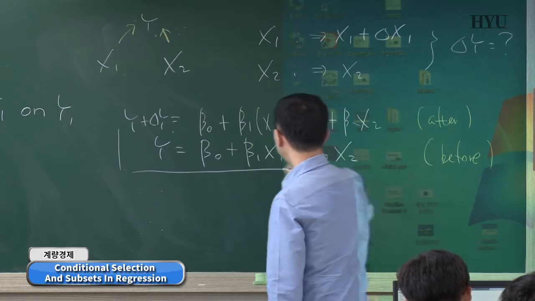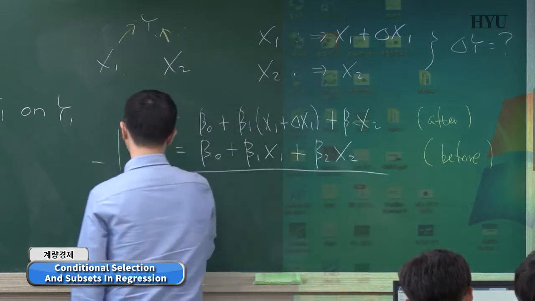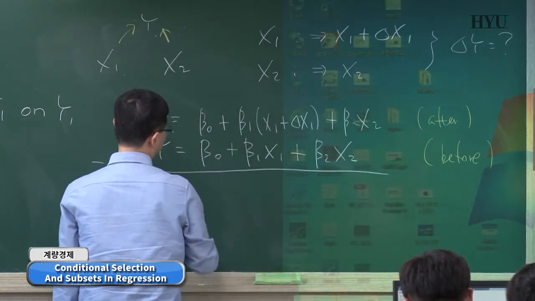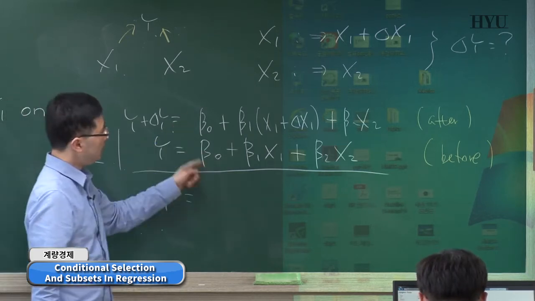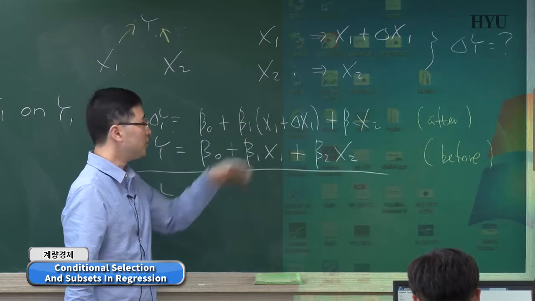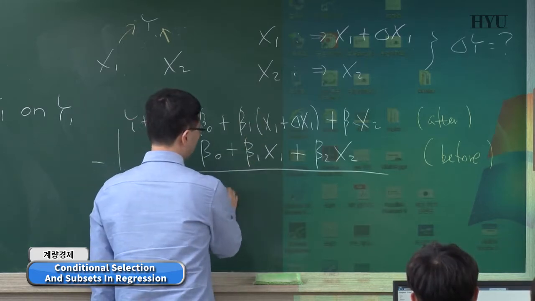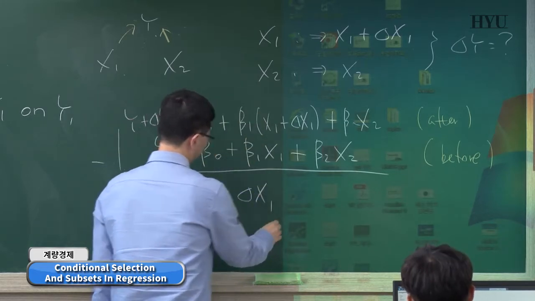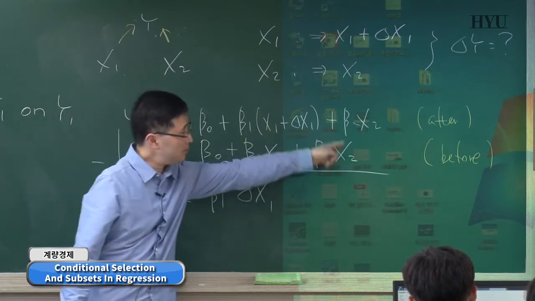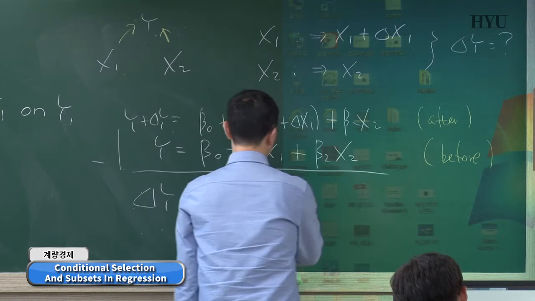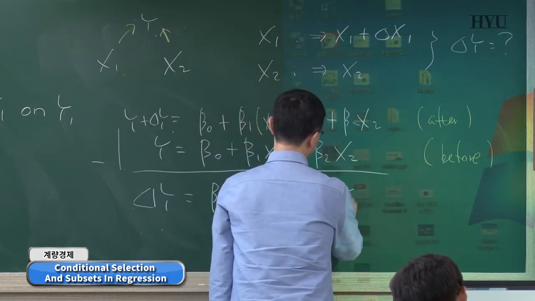Now we subtract them. So there's a cancellation. Most of these terms will be cancelled away. What is left is this, right? And there's nothing left for this term. So what is beta 1?